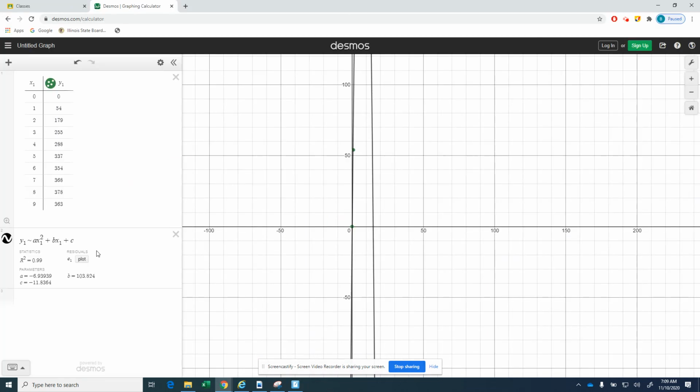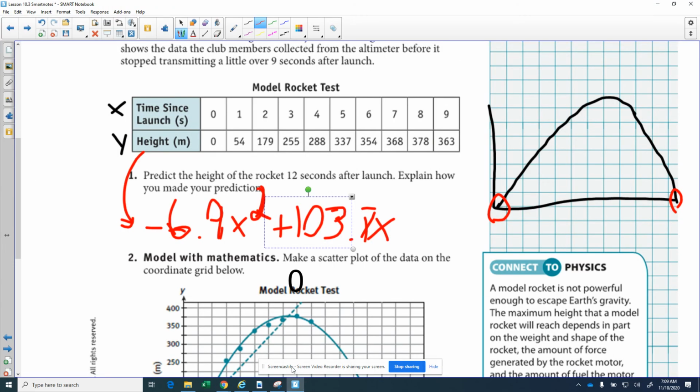And last but not least, our C value is negative 11.8, so minus 11.8. Okay? So we actually have the equation for this set of data.